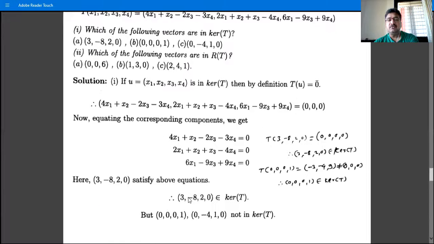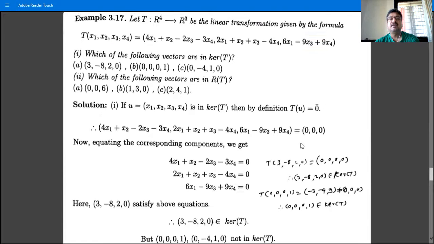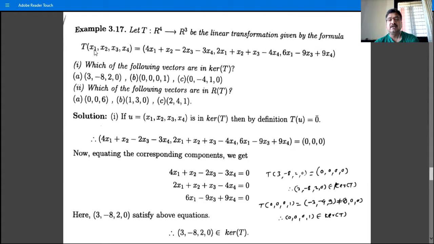So for the element (3, -8, 2, 0), consider T of (3, -8, 2, 0), that is, substitute x1 as 3, x2 as -8, x3 as 2 and x4 as 0. So what do we have as the answer? If we substitute these values in the right-hand side, we have the answer 0, 0, 0.